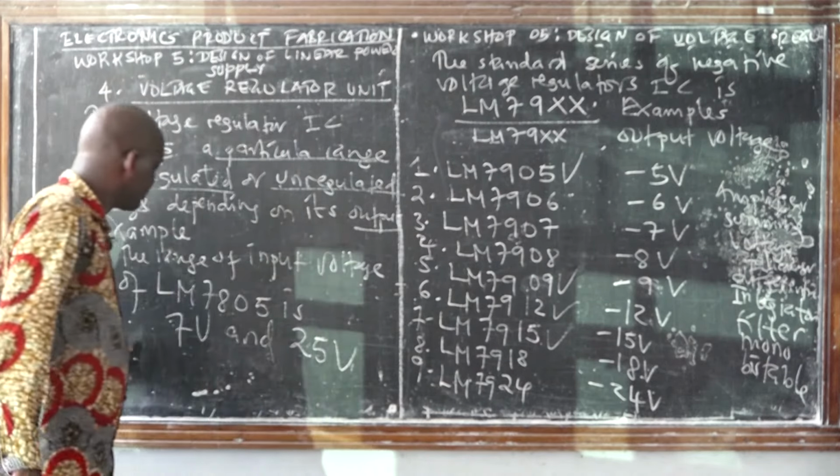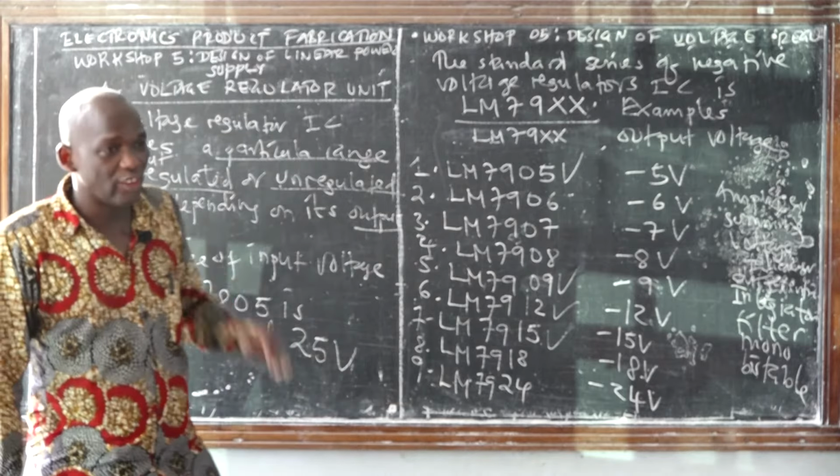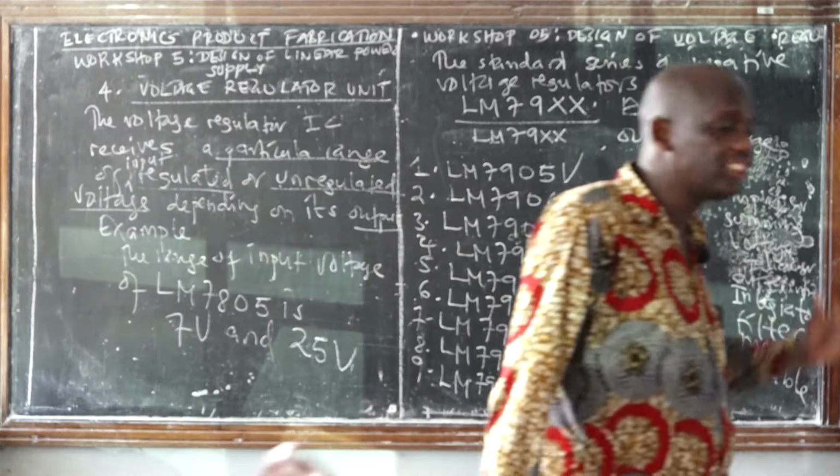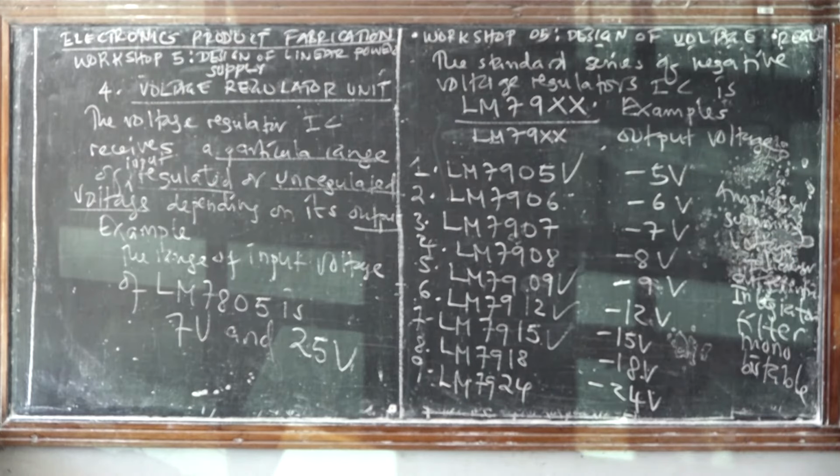So we say that in order for the LM7805 IC to regulate any input voltage, the condition is the input voltage should be either 7 volts or greater than 7 volts but less than 25 volts. If you provide less than 7 volts, that voltage regulator will have nothing to do with the supply voltage. If you provide it with 26 volts, you are going to burn your voltage regulator.